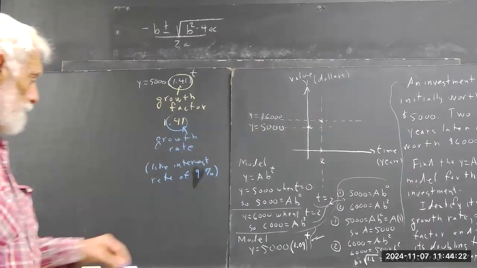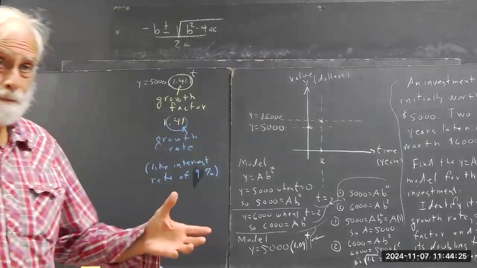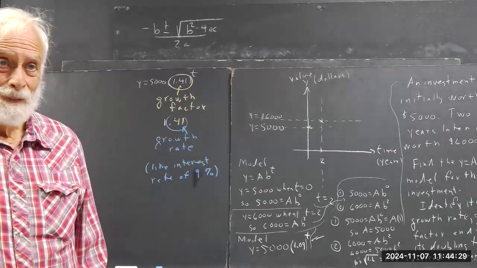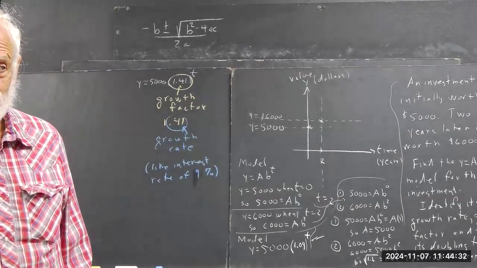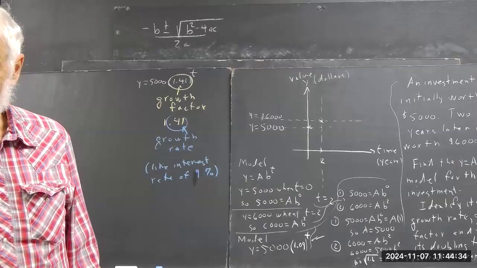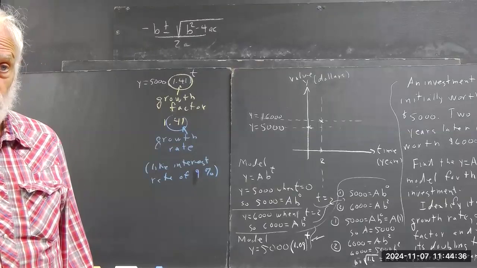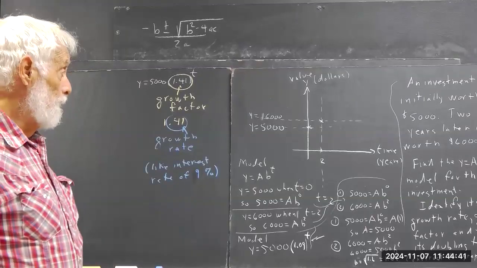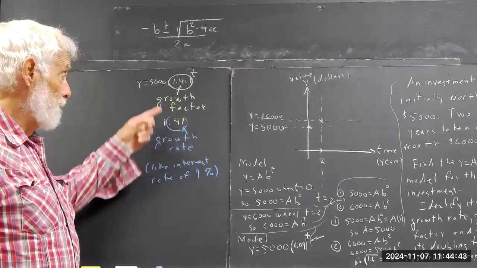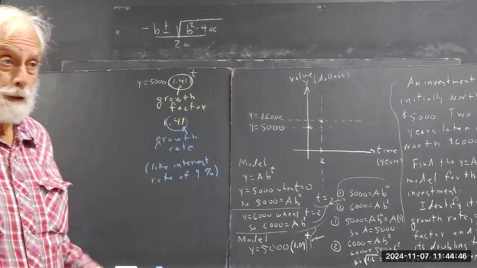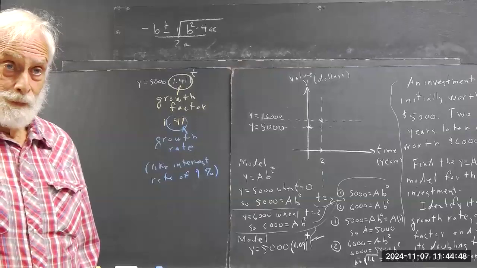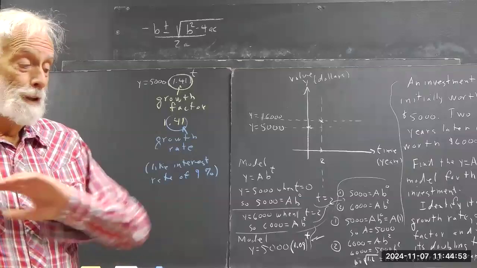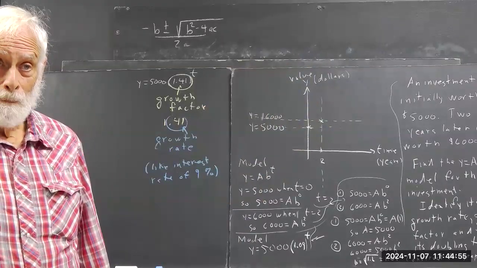Okay, now, we talked last time about, when you do homework, have a section in your notebook where you can write down important points, so you can quickly review for an exam and remind yourself of the things you understood. You almost certainly answered the question for growth factor and growth rate correctly because just about everybody did on the homework. But it was so easy, you just forgot it.